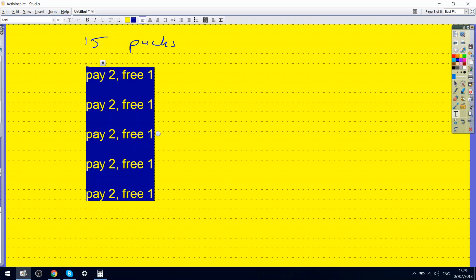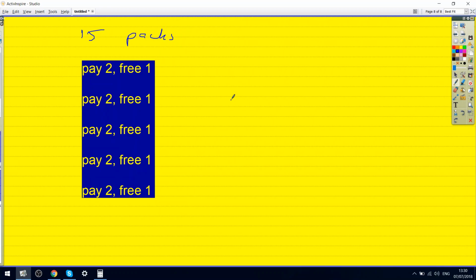So she only needs 15 packs. Oh, I'm really confused. So there, she buys 15 packs, or she needs 15 packs because she needs 150 envelopes and there's 10 envelopes per pack. So she needs 15 packs.